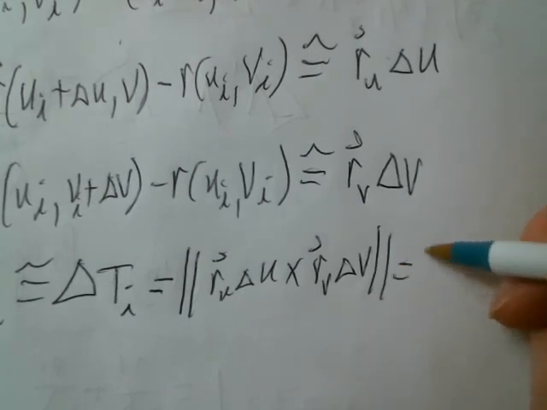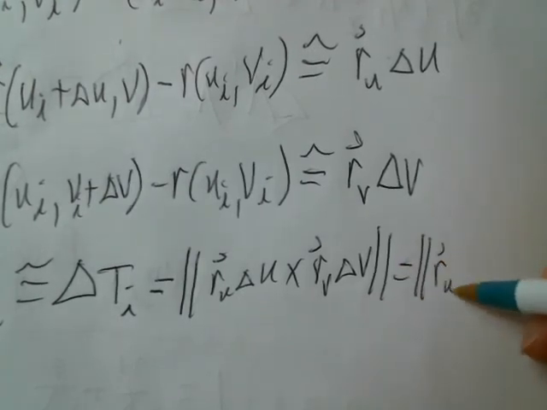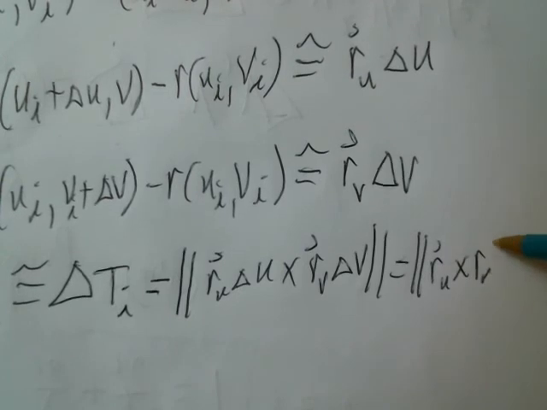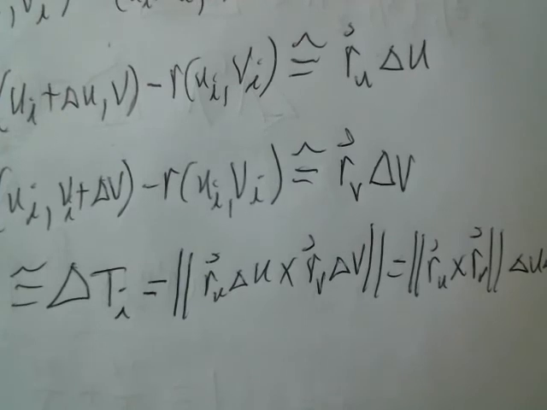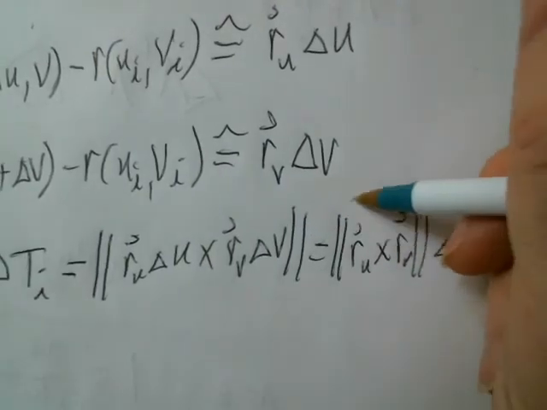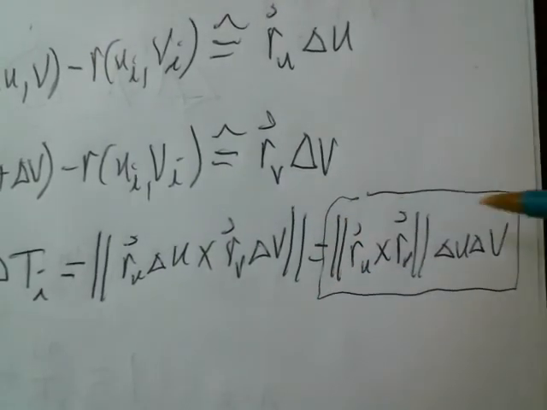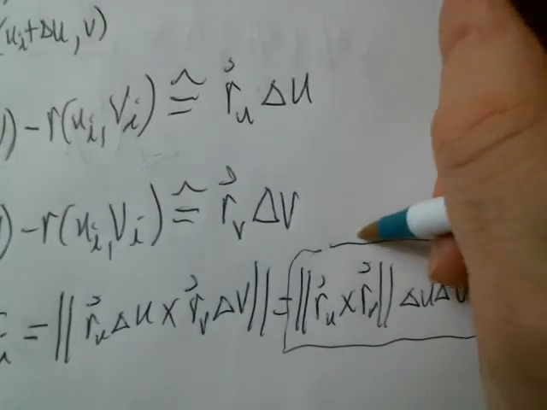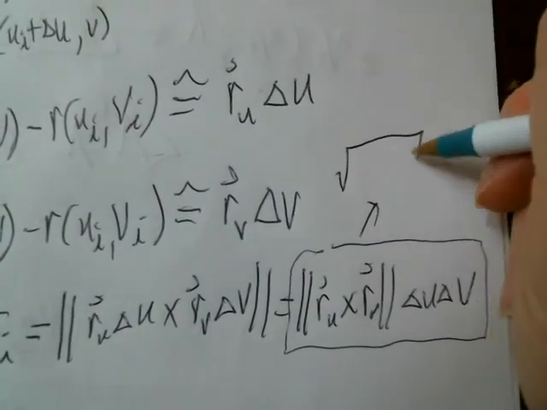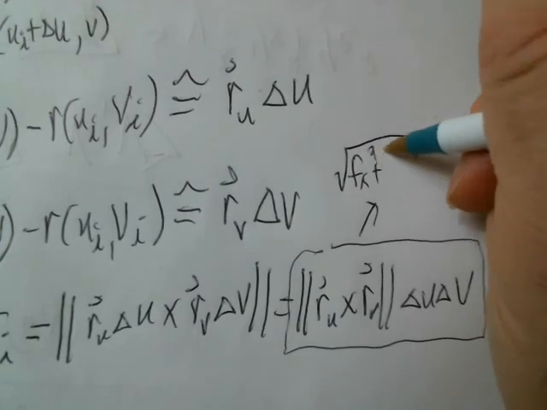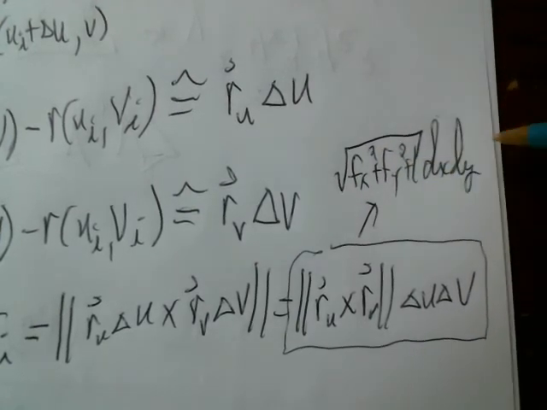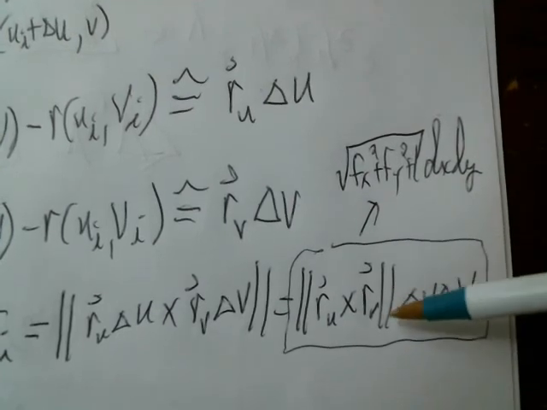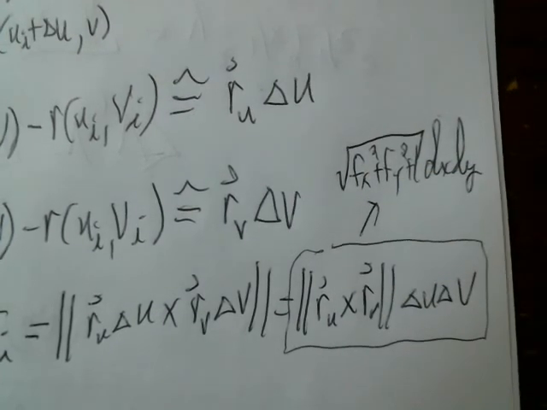That just equals the magnitude of r sub u cross r sub v, change in u, change in v, right? And then this thing is going to be the thing that we're going to dump in our integral in place of the square root of fx squared plus fy squared plus 1 dx dy. Okay, it's basically just the parametric version of this thing here.